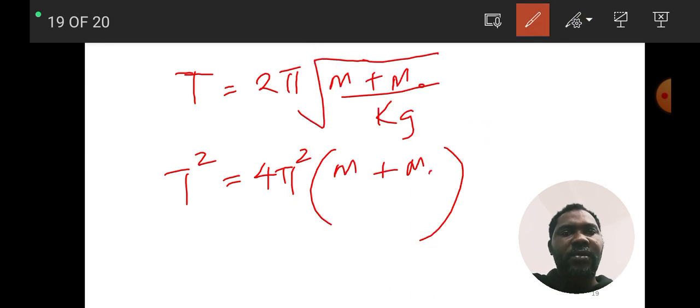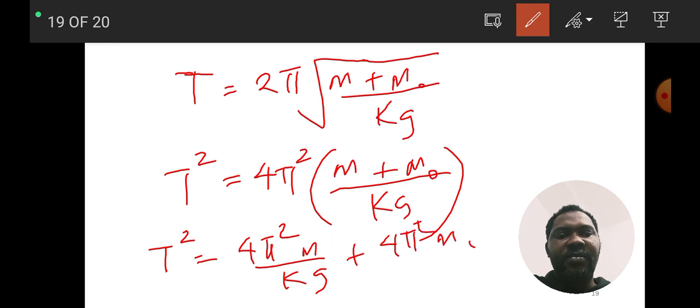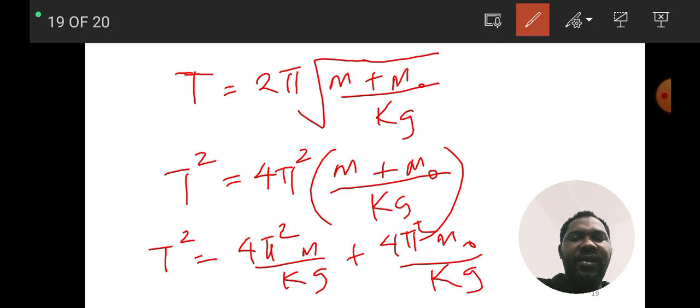So finally this is going to be T squared equal to 4 pi squared m over kg, then plus 4 pi squared m naught over kg, which is looking like a straight line graph.